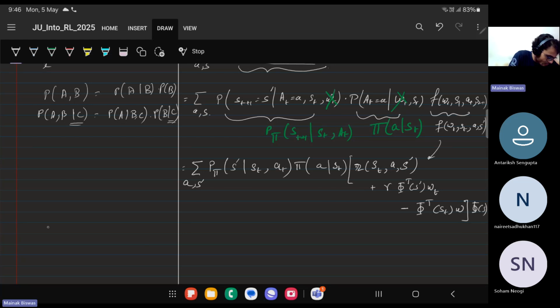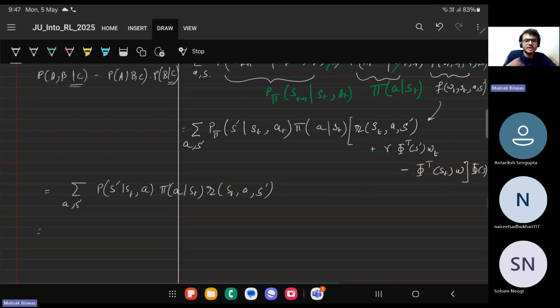So now tell me what will be the first term, as Shoham was telling me. P of S dash given ST, AT, pi of A given ST into reward of ST AT S dash. Can you tell me what this term is going to be? We have already defined this.